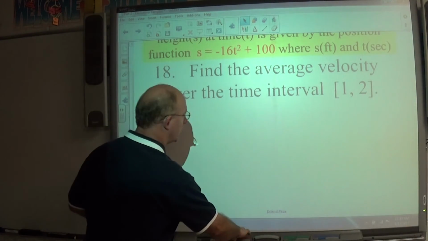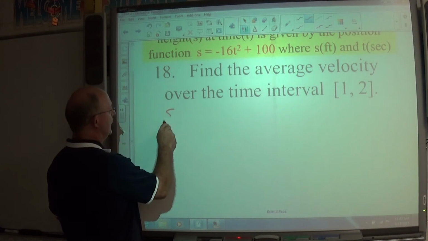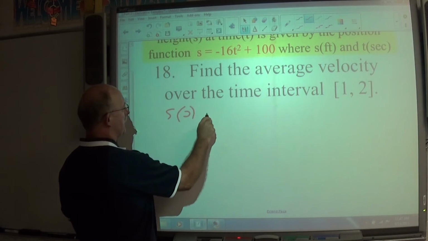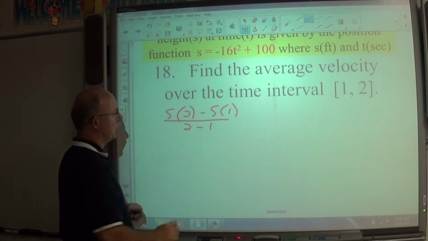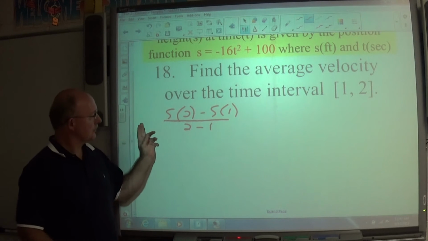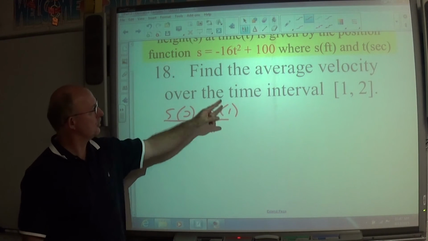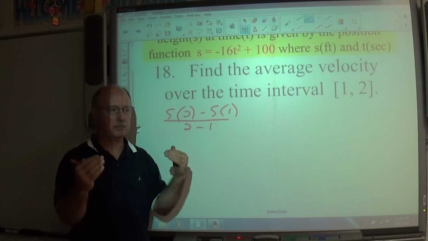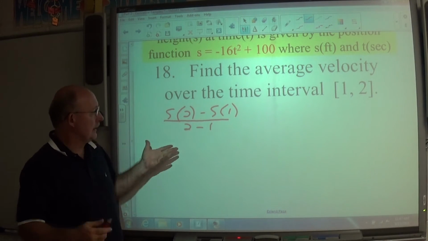Now let's see, we're looking for the position s of 2 minus the position at 1 divided by 2 minus 1. So this is what we're going to calculate. Let's substitute 2 into our function for t, and substitute 1 into our function for t. That'll give us the position at 2 seconds and 1 second, and then do a little subtraction.